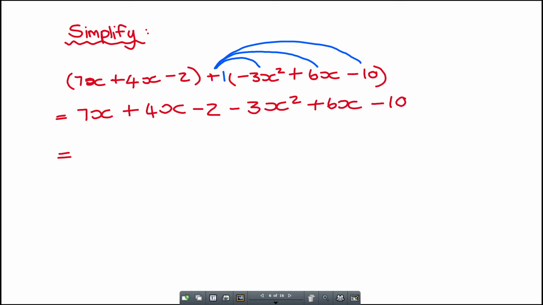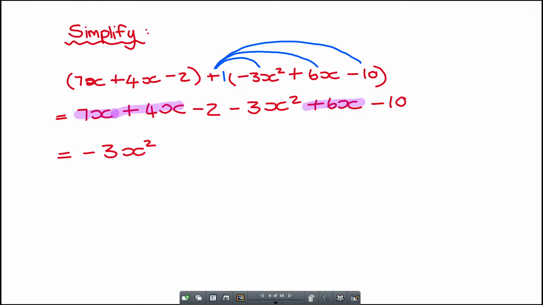What are like terms again? They've got the same variables. Good. Okay, so we also want it to be in descending powers of x. So it's not that I'll subtract marks if you don't write it like that, but we want to practice for grade 12. So the x squared is the highest power, so I'm going to start with minus 3x to the power of 2.